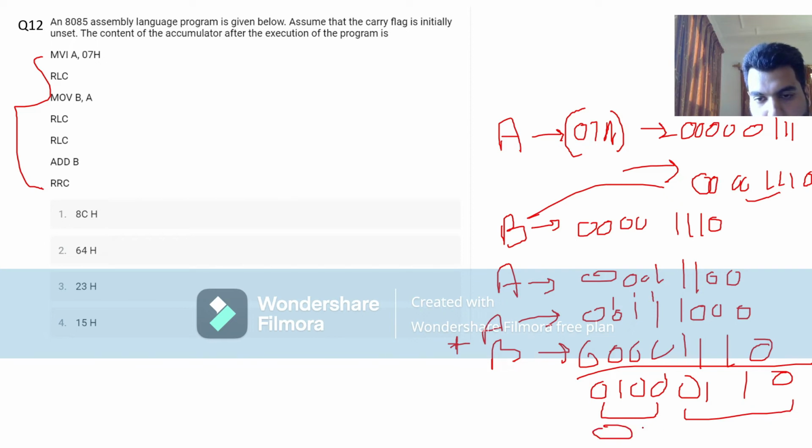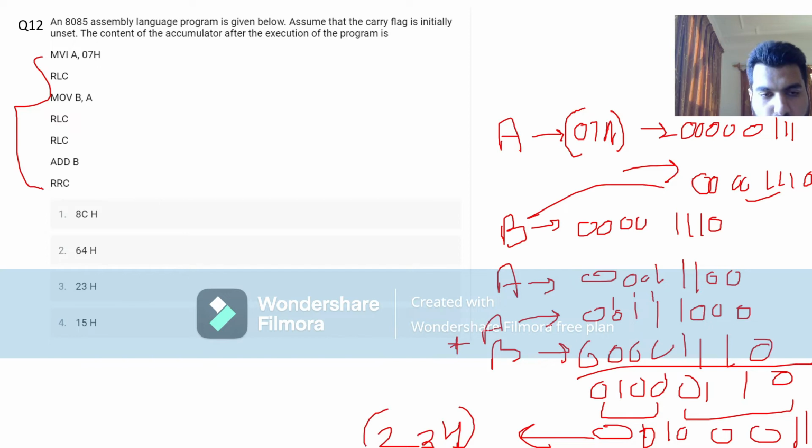This is 23 in hex. So the contents of the accumulator after the execution of the following program is 23H.